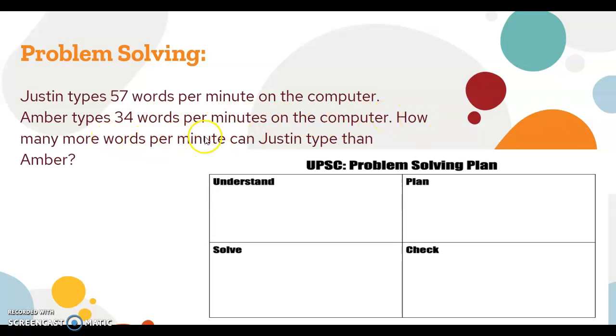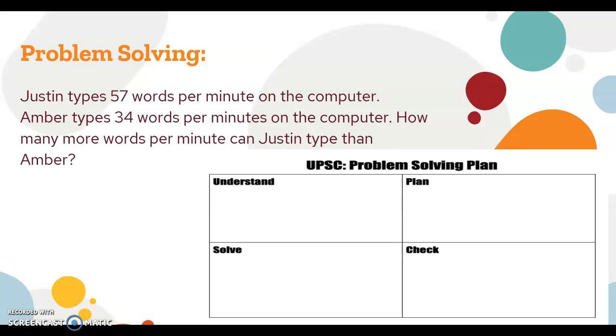How many more words per minute can Justin type than Amber? And again, we want you to anchor this in your math journal. Make sure that you underline. If you have a highlighter at home, I highly encourage you to get in the habit of using the highlighter to highlight your important information in your problem, as well as your action words.